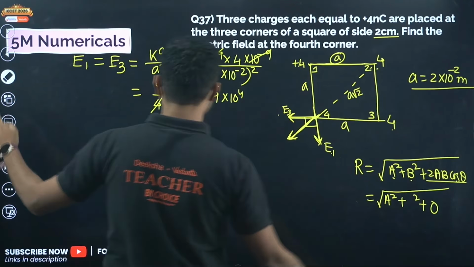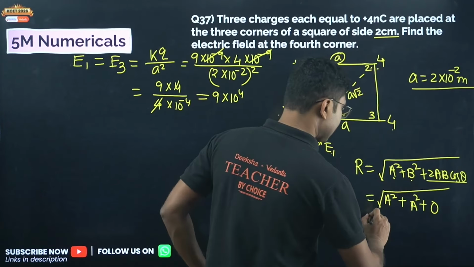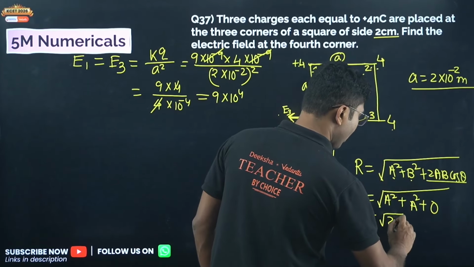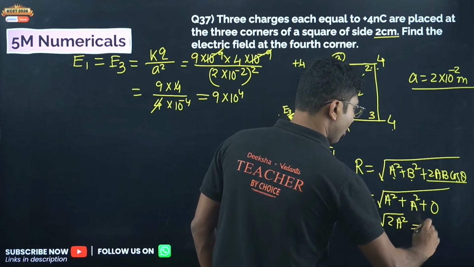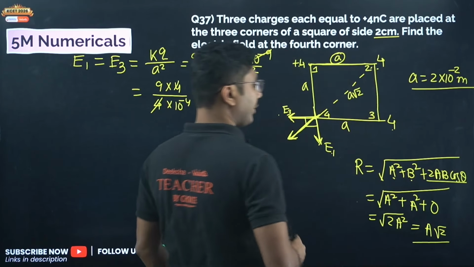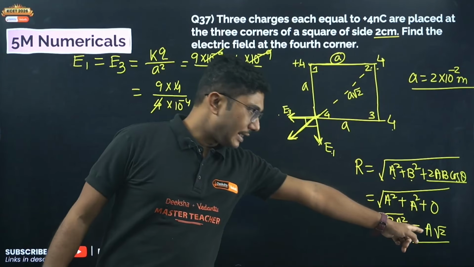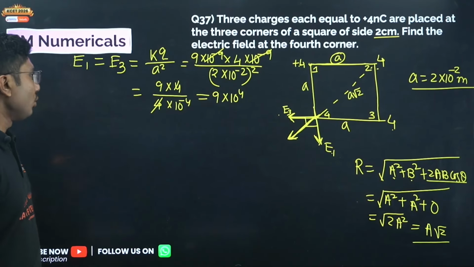Both are same values and angle is 90, so we get square root of 2A square, or A root 2. So when two equal vectors are at right angles, their resultant is A root 2.